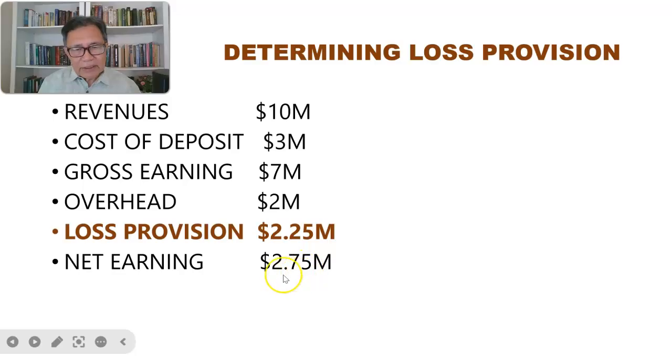Then the remaining will be the net earning for the bank, which is 2.75 million. So that is the use of the expected loss estimate as a way to set or to determine the loan loss provision for conventional banks or the financing loss provision for Islamic banking.